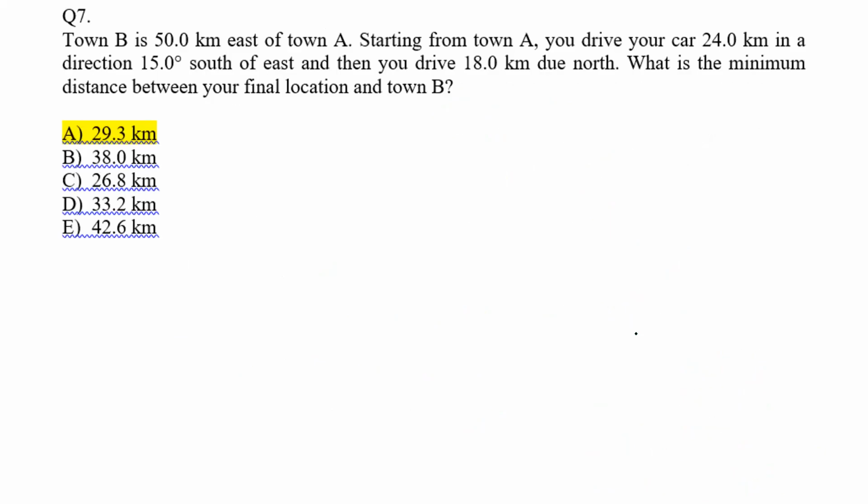Now let's look at this problem, which is quite similar to the problem before. So I have town B. Always in this type of problem, plot your x and y axis. This is your x, this is your y. Let's say that here I said town B is at 50 kilometers east of town A. Of course, this is east, this is north, this is west, and this is south.